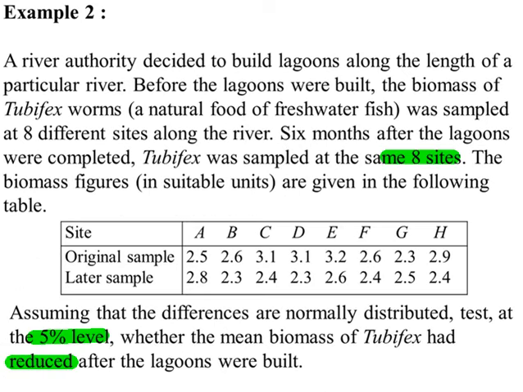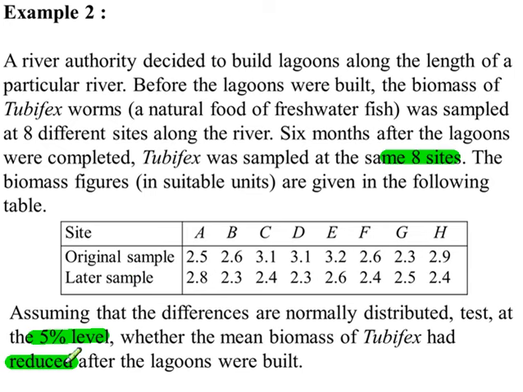Example 2, we have 8 pairs of data values. Assuming the differences are normally distributed, using a 5% significance level, we're looking for a reduction after the lagoons were built. So this is before, and this is for after.